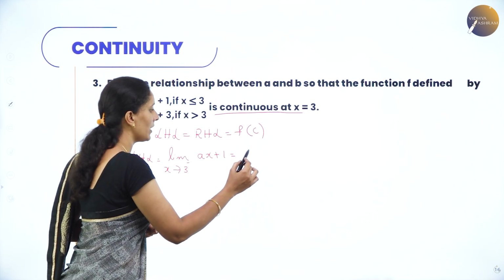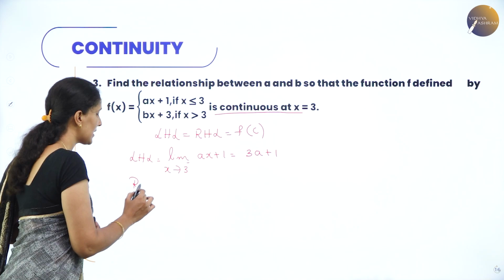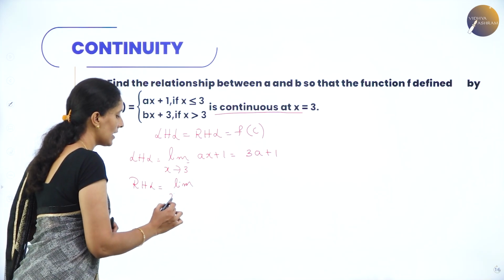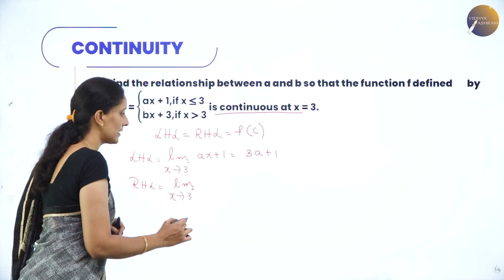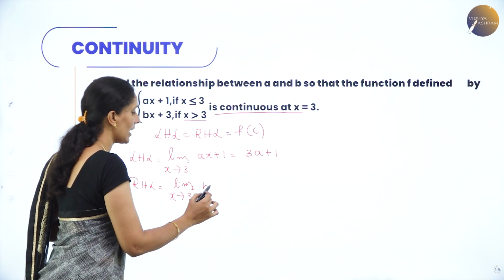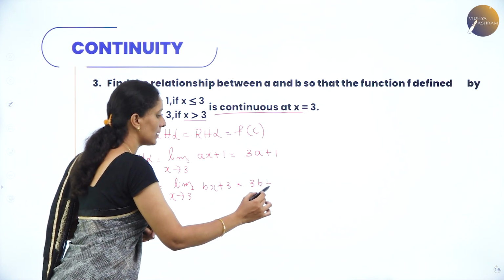So it will be equal to 3a plus 1. And what is the right hand limit? The limit of the function as x tends to 3 plus. Whenever x is greater than 3, the function is defined as bx plus 3. So this is 3b plus 3.